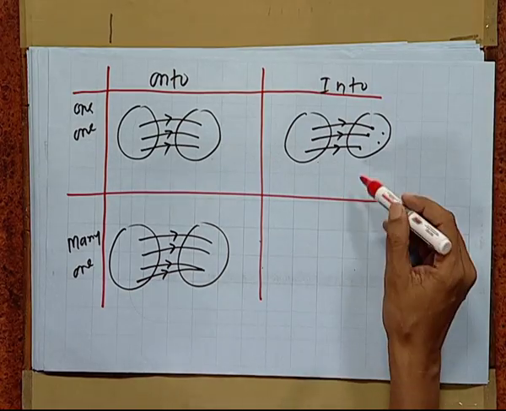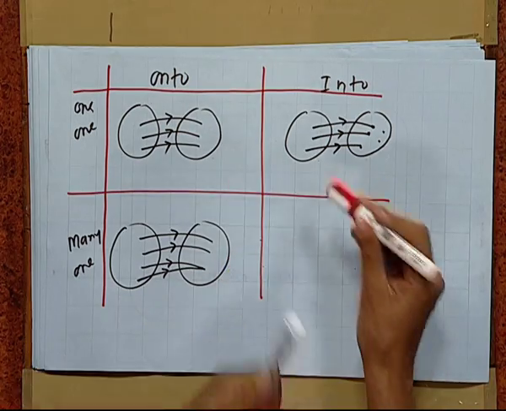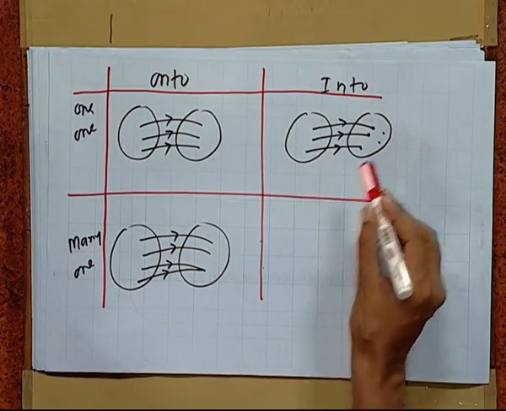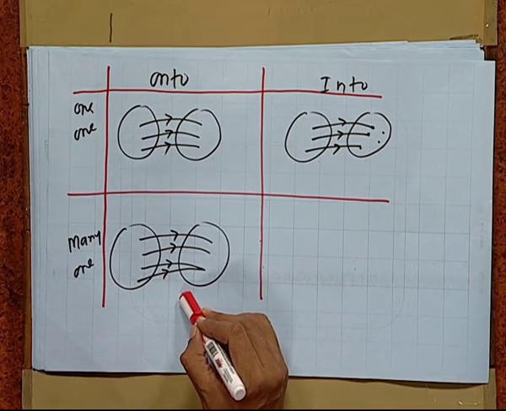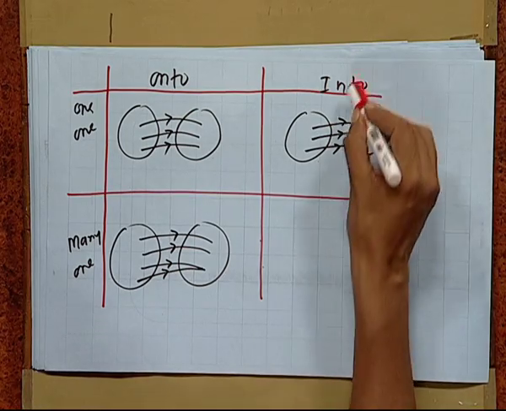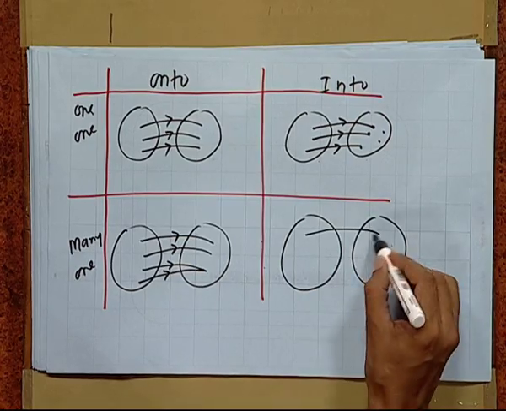So, our first example is an example of a one-one onto function, whereas this is our one-one into function, and the third one is a many-one onto function. Naturally, in this block we expect a function which is many-one as well as into. First we make it many-one.